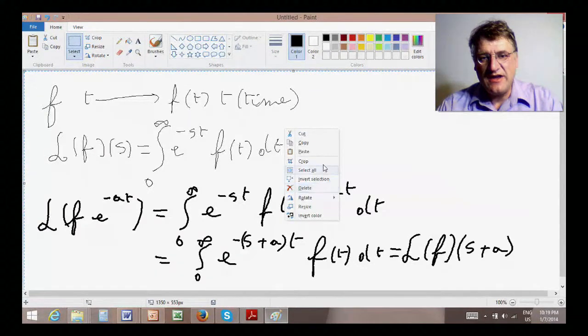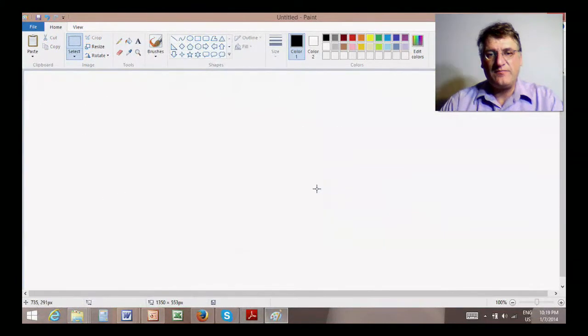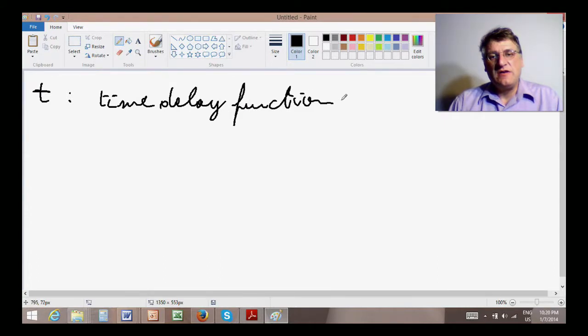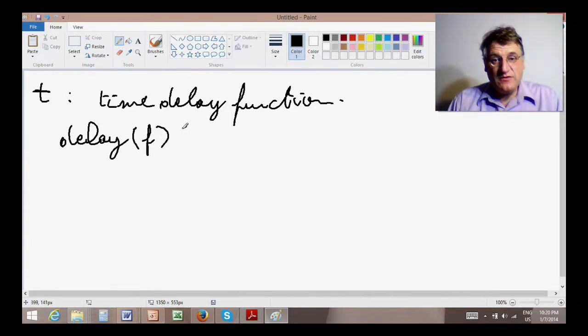Which is the time delay. So the time delay is, if you are given a quantity tau, the time delay function takes f, so delay of f is itself a function of time, which is f of t minus tau.